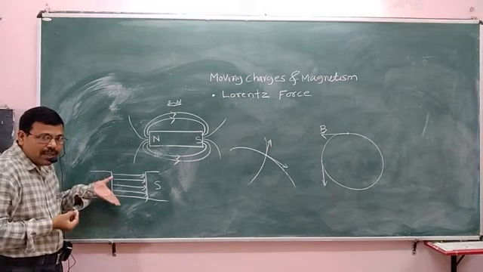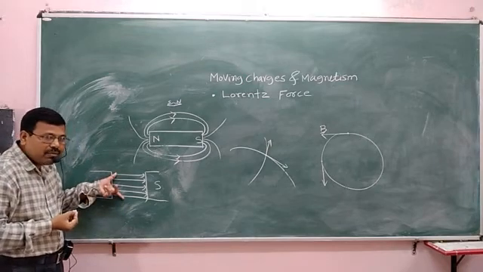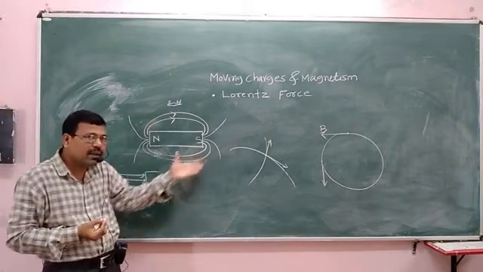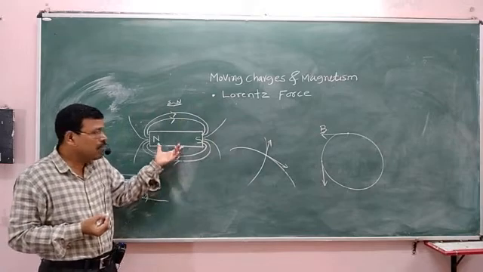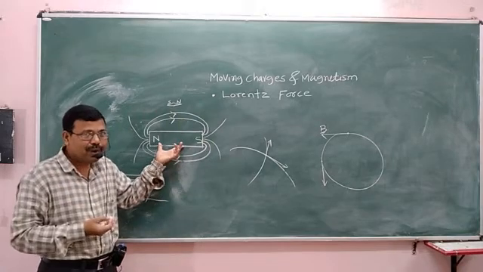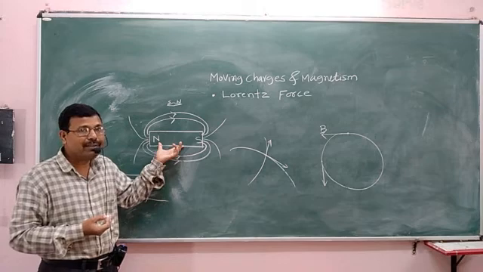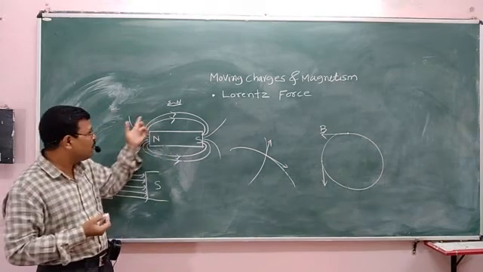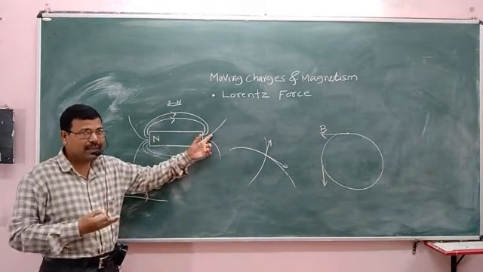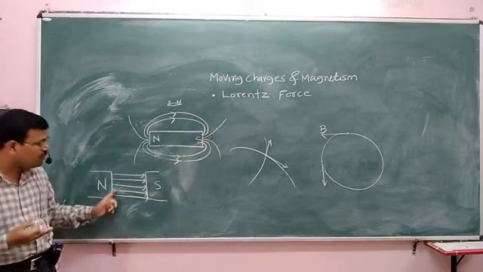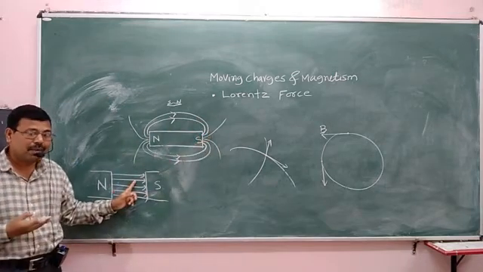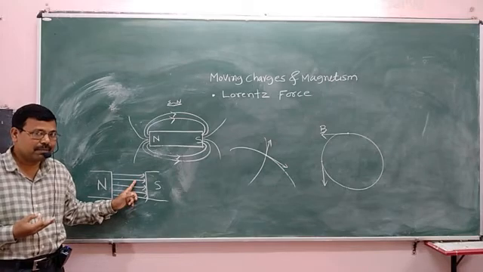So this is an example of uniform magnetic field, and the magnetic field lines drawn around a bar magnet is an example of non-uniform magnetic field, because at every point the strength of magnetic field is different. Here at every point the strength of magnetic field would be the same.